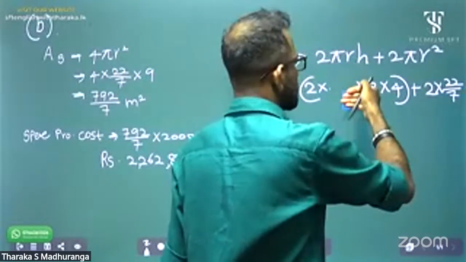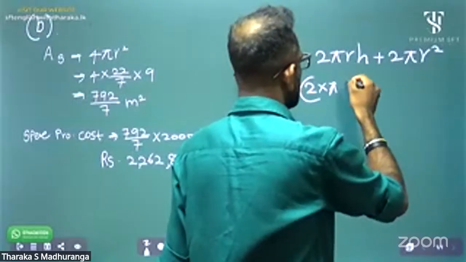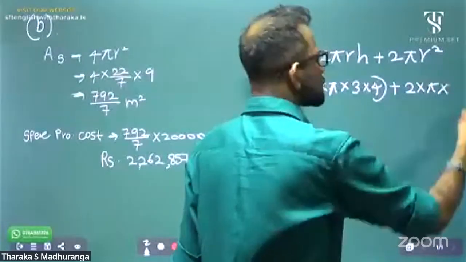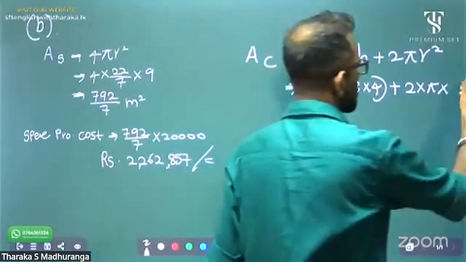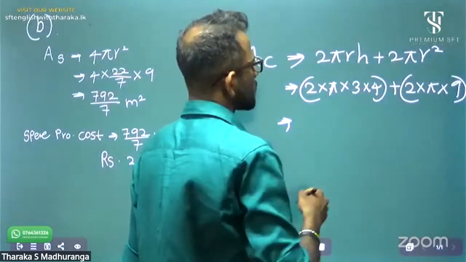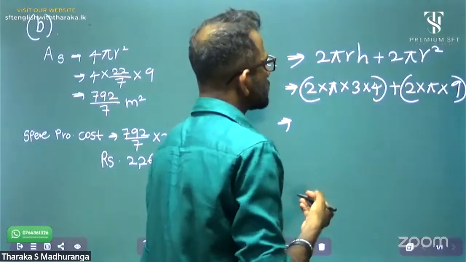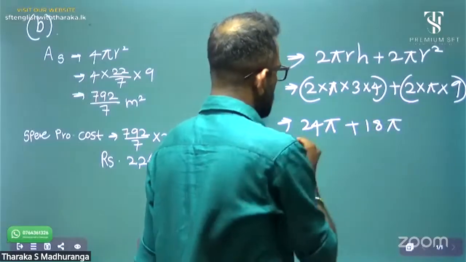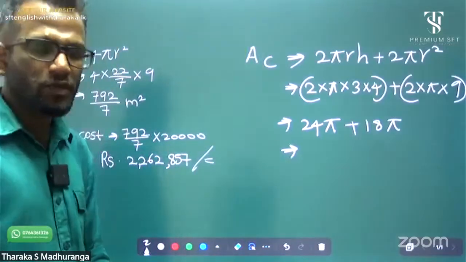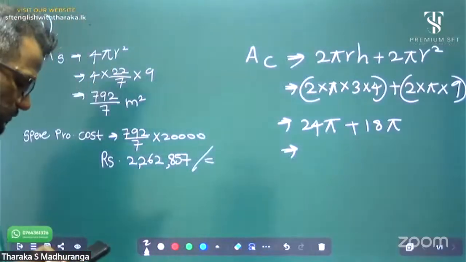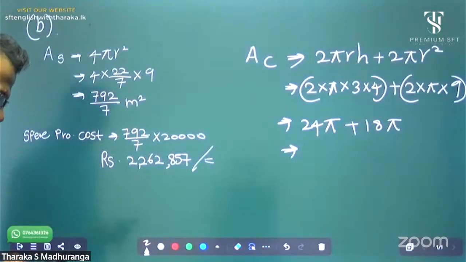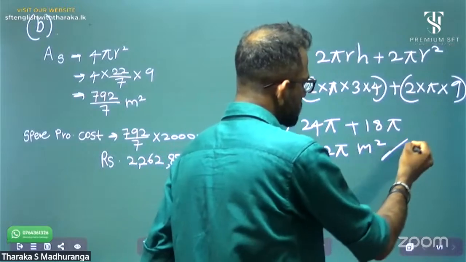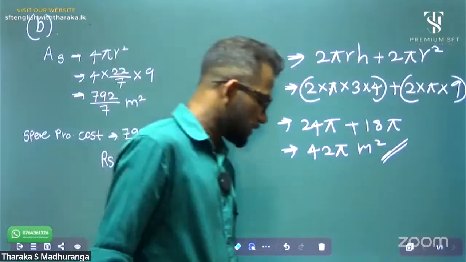I don't need the 22/7, let's keep it as π. 2 into 3 is 6, 6 into 4 is 24π, plus 18π, 18 plus 24 is 42π. 42π square meter is the full area of the cylinder.